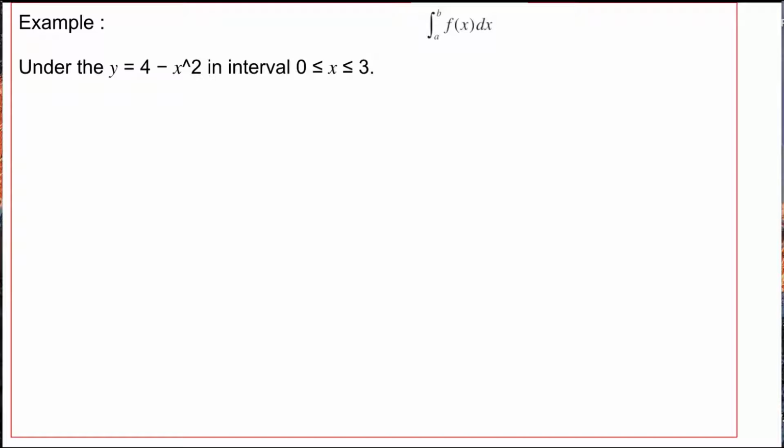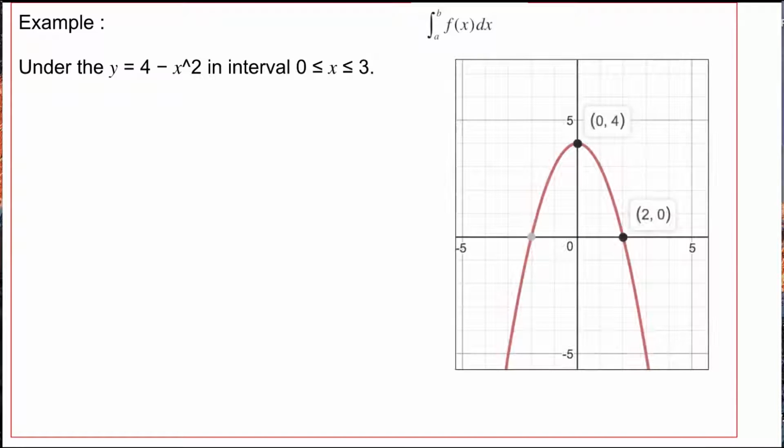But we have to remember that in the rectangular one, we had better draw a graph in case the area is in the negative axis. So here is the graph. We can see that from 0 to 2 is positive area, but from 2 to 3, the area is negative. So we have to separate them and put the equation into the formula.